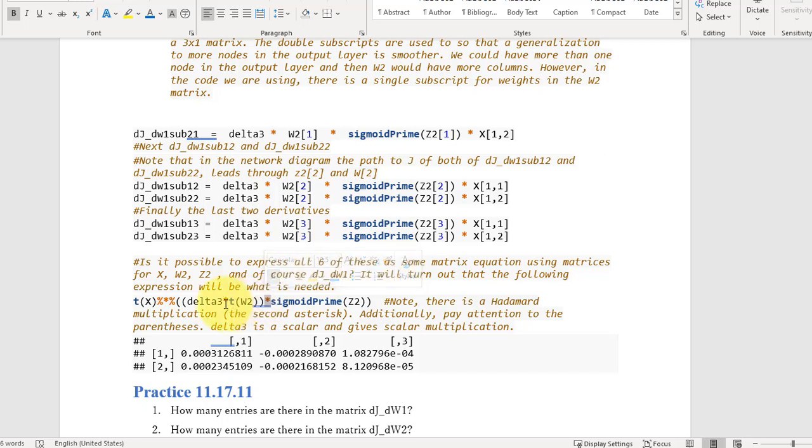So you should confirm in your own mind that the dimensions on the left side of this are the same as the dimensions on the right side. Now notice this bracket here and this bracket here. That means we're doing everything inside of those brackets first before we do this.